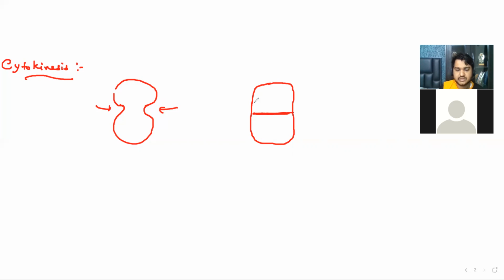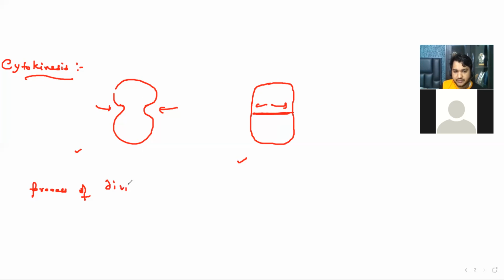Cytokinesis happens in both animal and plant cells, but the pattern is different. In the animal cell it goes from outside to inside, and in the plant cell the cytoplasm divides from inside to outside. This is the cell plate.